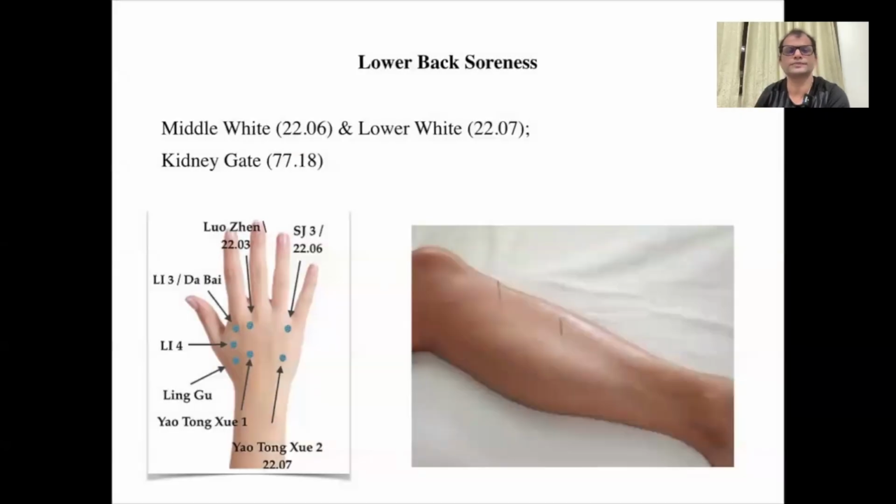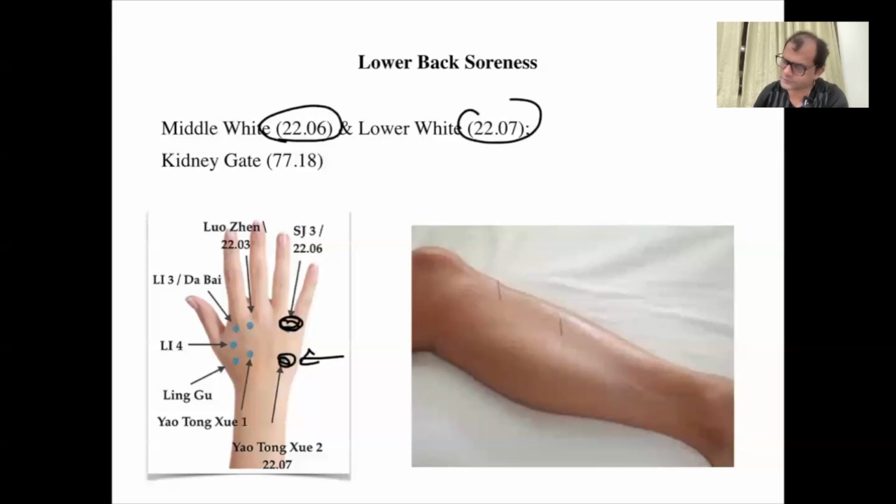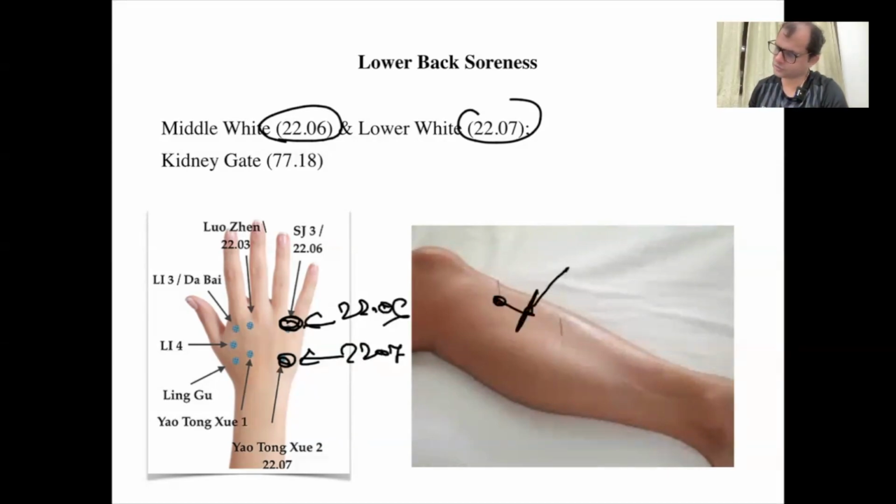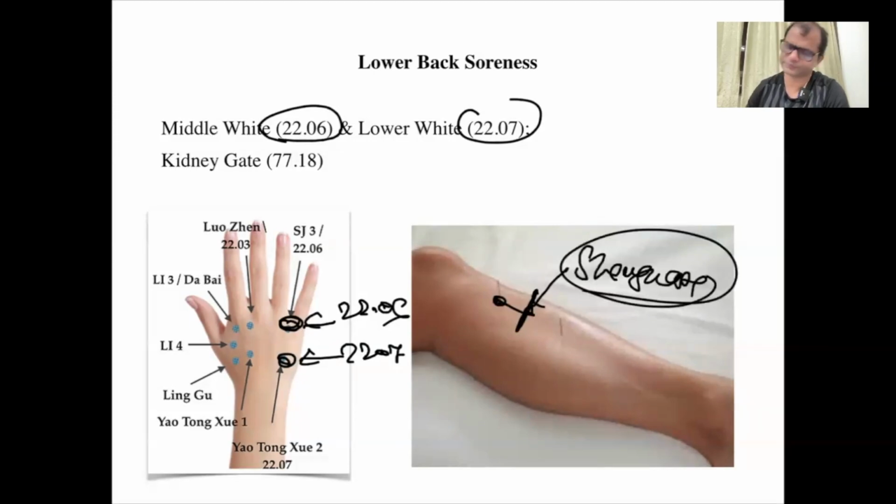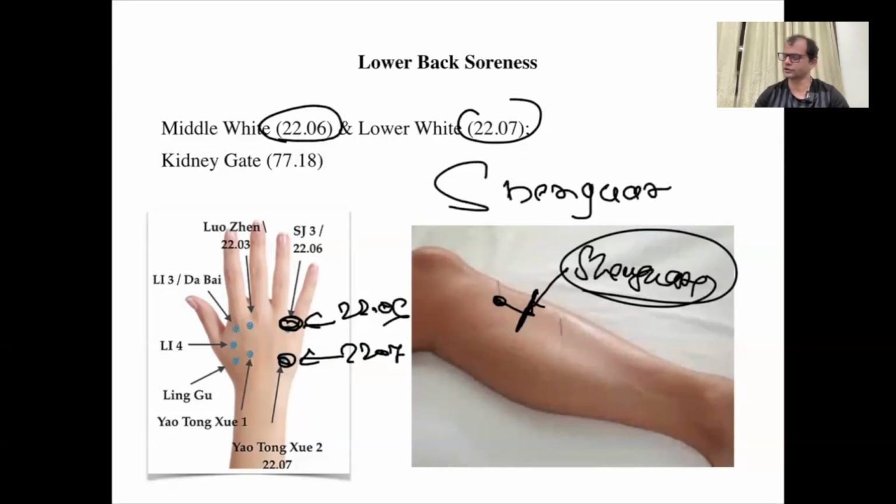Let's see here. In this image, you can see the 22.06 and the 7. And here from the spleen line, we go 1.5 tune, that is Shengguan, or the kidney gate.